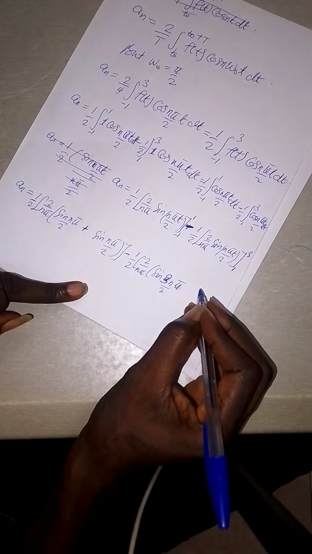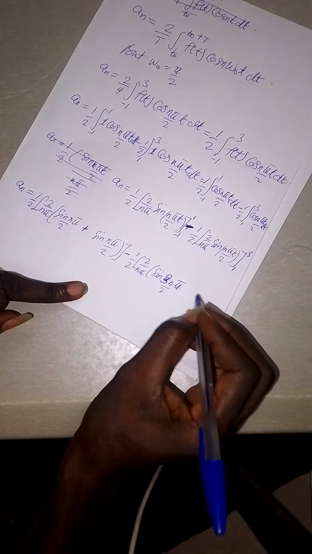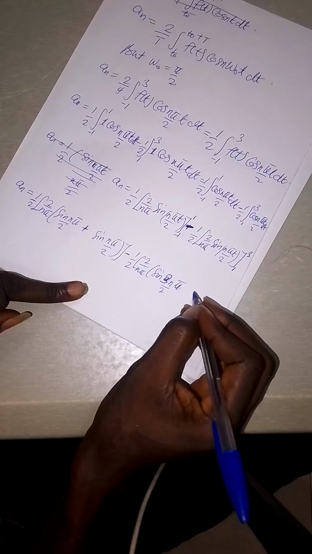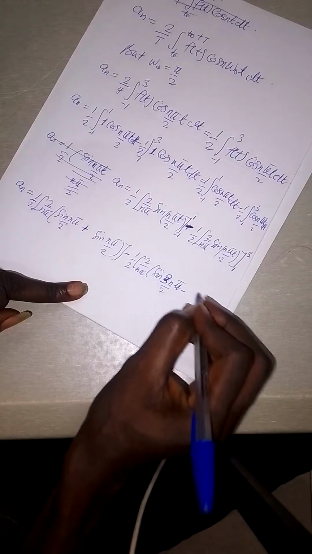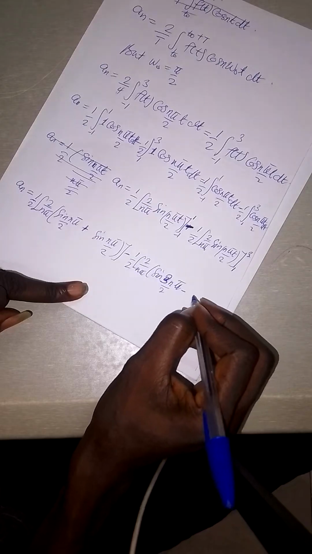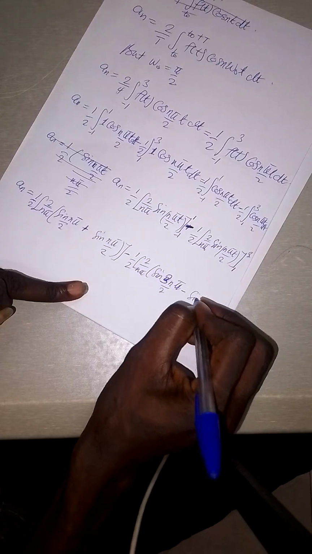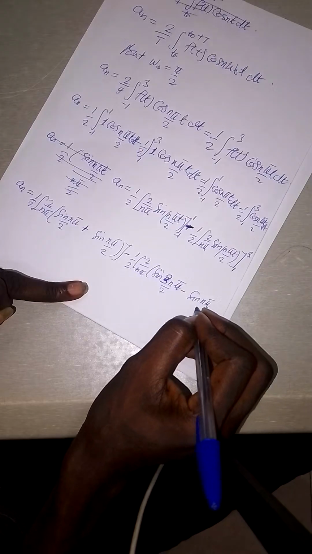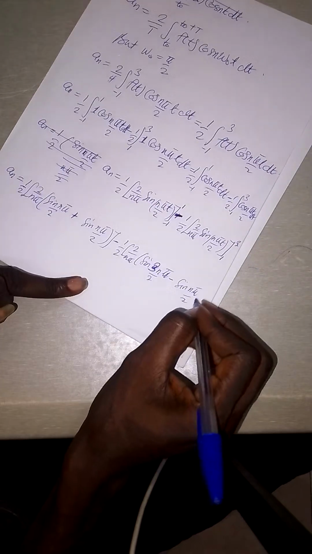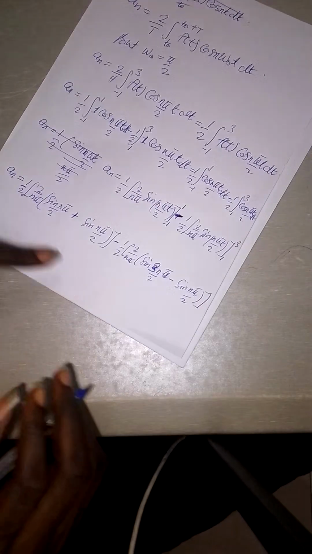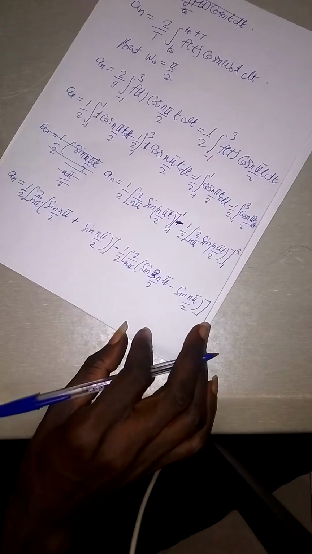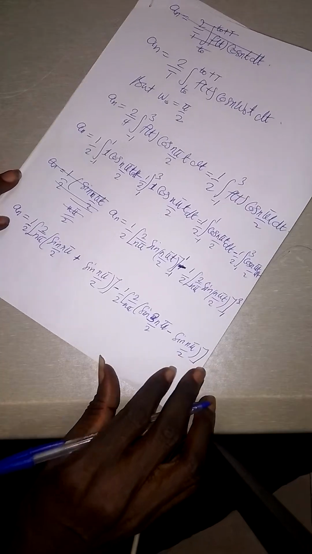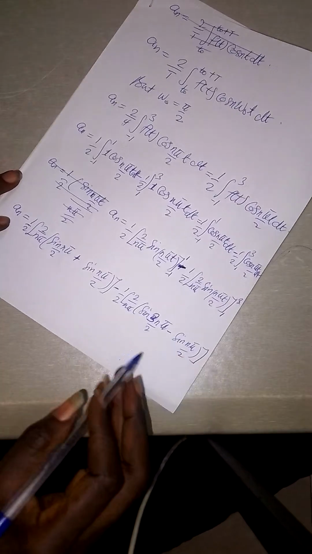Then you're also going to have minus, and the next one is minus sine n pi over 2. So this is what I'm going to have.